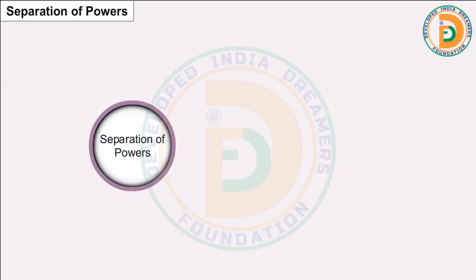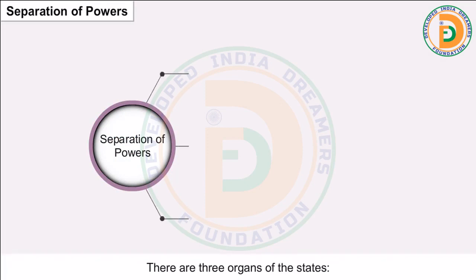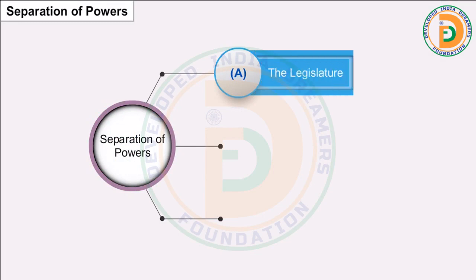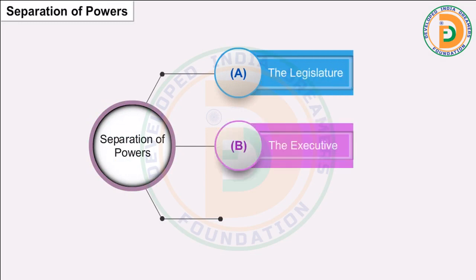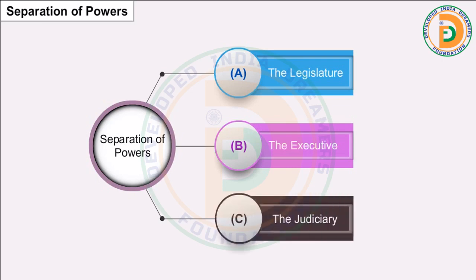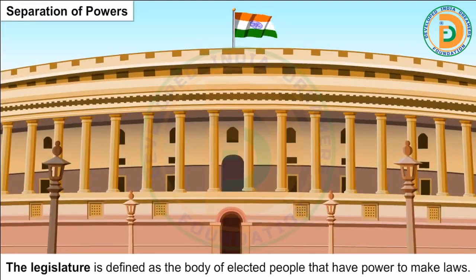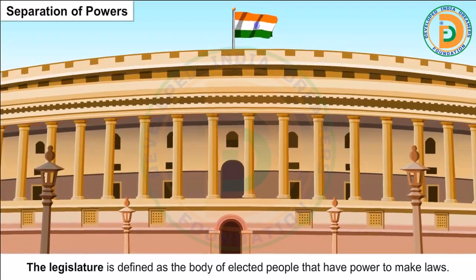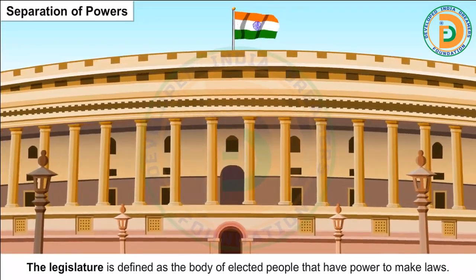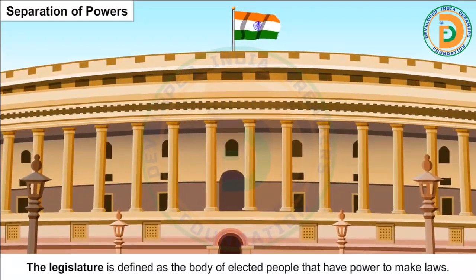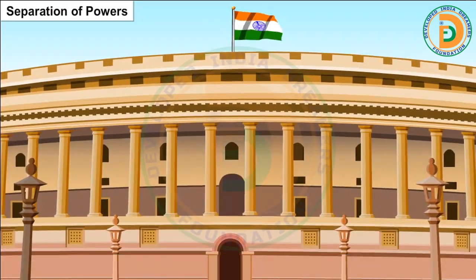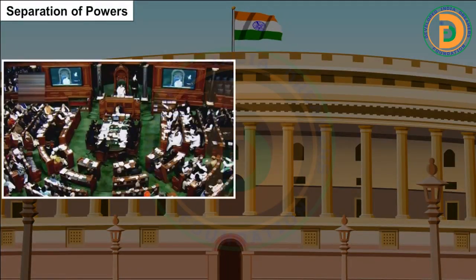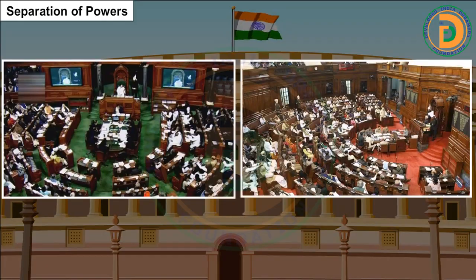Separation of powers. There are three organs of the state. A. The legislature. B. The executive. And C. The judiciary. The legislature is defined as the body of elected people that have power to make laws. Example, Lok Sabha and Rajya Sabha.